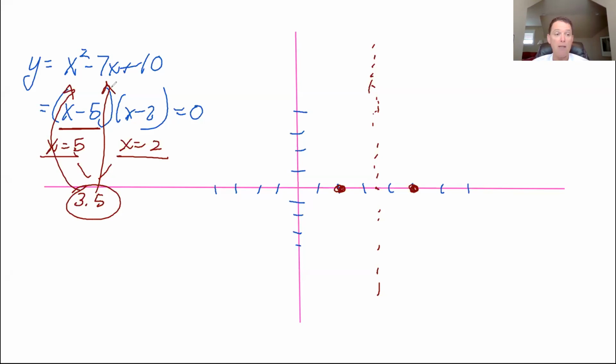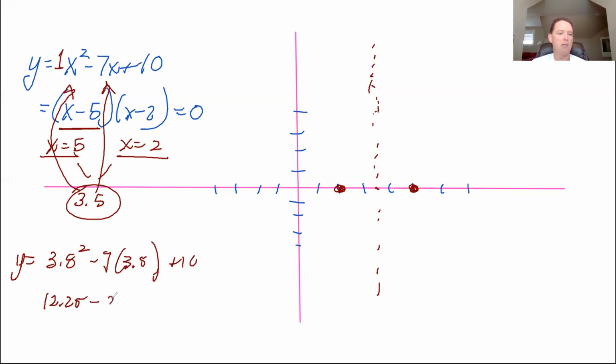Okay, this part is still tricky. Y will equal, I'll give you an easier problem in just a second, 3.5 squared minus 7 times 3.5 plus 10. Now I know the vertex has to be down here because it's an upward, remember this is a positive 1 up here. So 3.5 squared is 12.25.